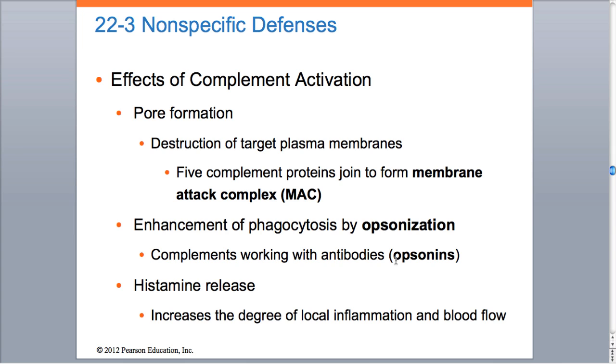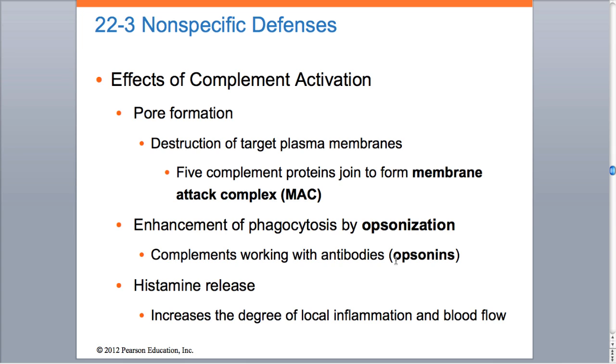It is the process of coating that germ with complement. So let me read you this. A coating of complement and antibodies both attract phagocytosis and makes the target easier to engulf. This enhancement of phagocytosis, a process called opsonization, occurs because macrophages contain receptors that detect and bind to complement.